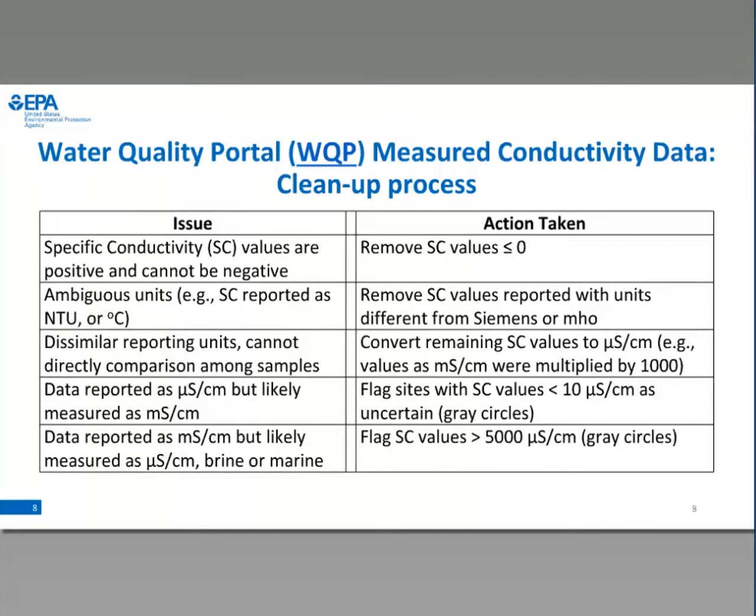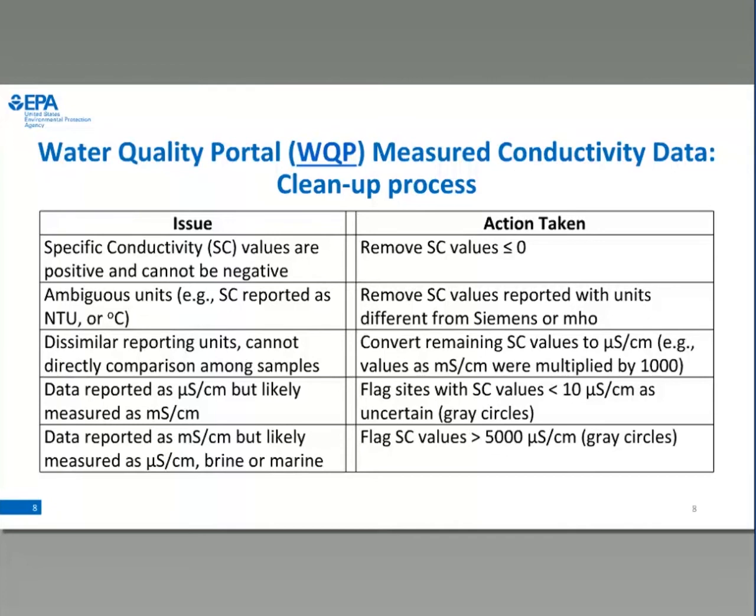So in this table, you can see the process that we use to curate that information. We identified a number of issues and the actions that were taken. And all of this information is available in sections that describe the data sets and how that information was modified.